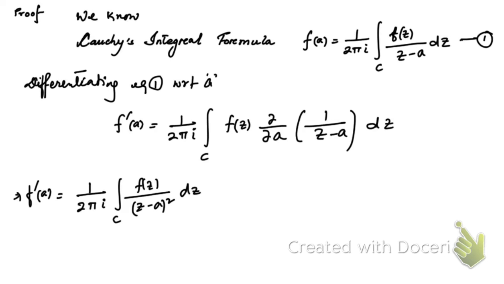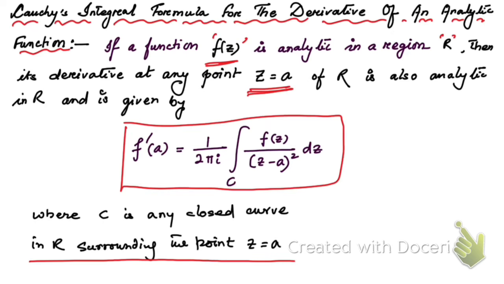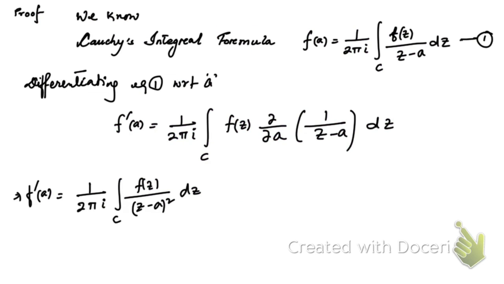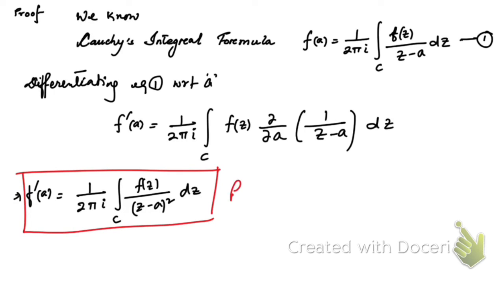That's what we're going to have, right? Now you see, this is what we needed to prove. Okay, so if you go back to the previous slide, this is the formula that we needed to prove, right? So hence it is proved.